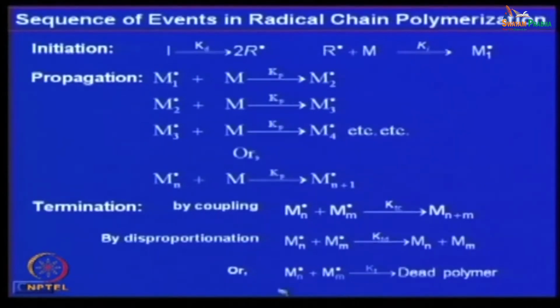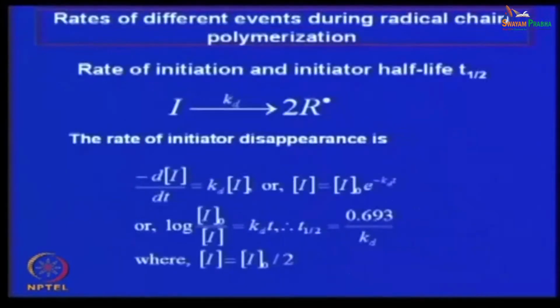Overall, if we consider the termination involving two growing chain free radicals, we call it a dead polymer molecule. So this termination step is a death activity, a killing activity of the propagating polymer free radical chains.